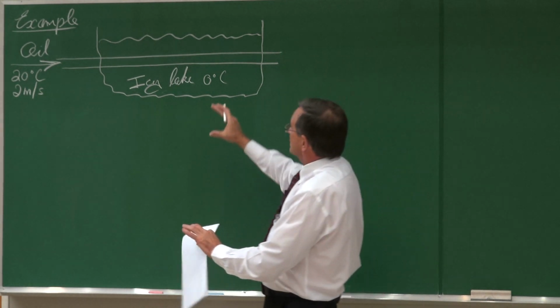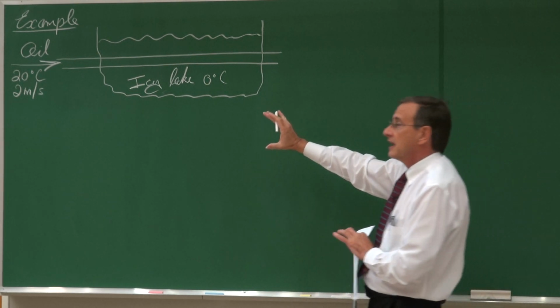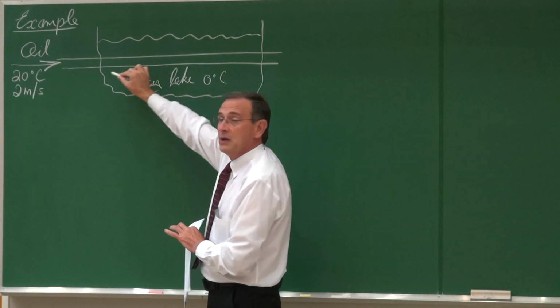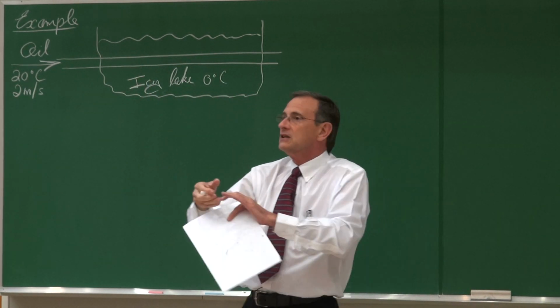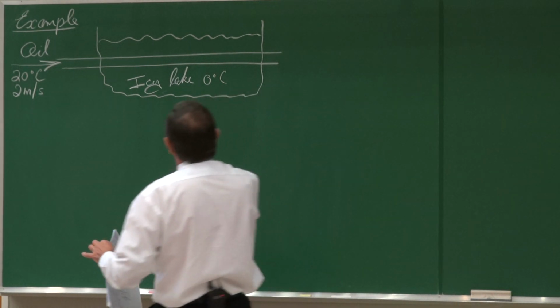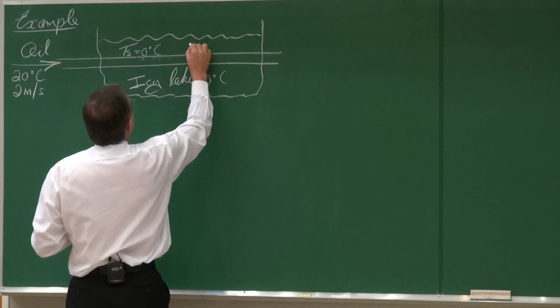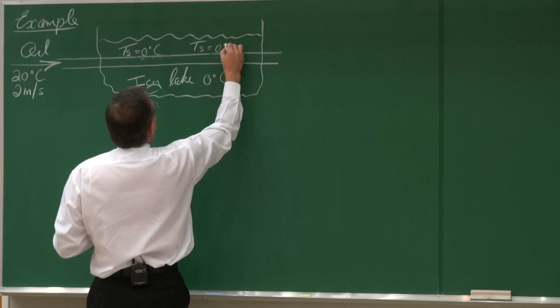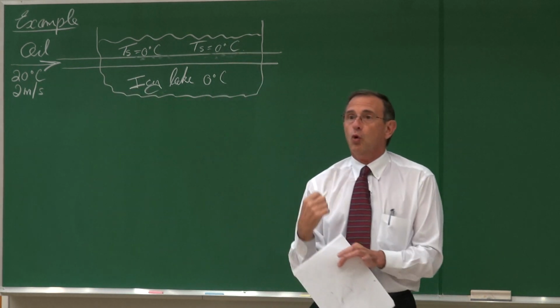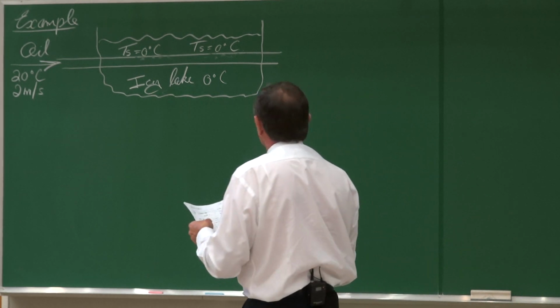Okay, so it means that if we look at this case, the wall temperature is going to remain constant at approximately 0 degrees Celsius. Do you agree? So Ts is equal to 0, therefore it is a constant wall temperature problem.